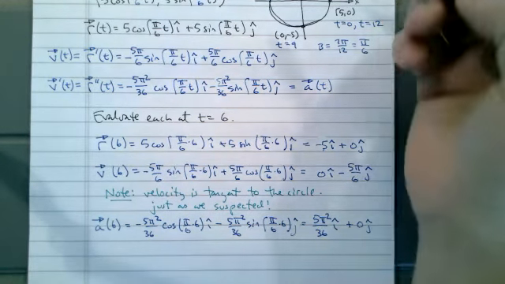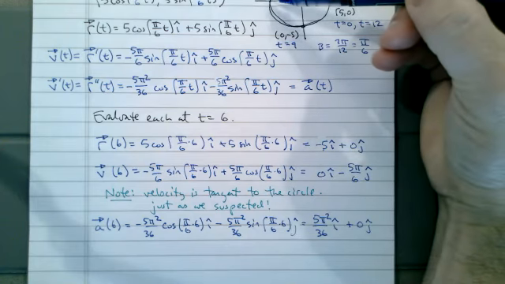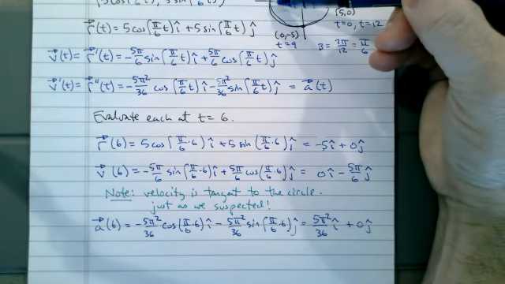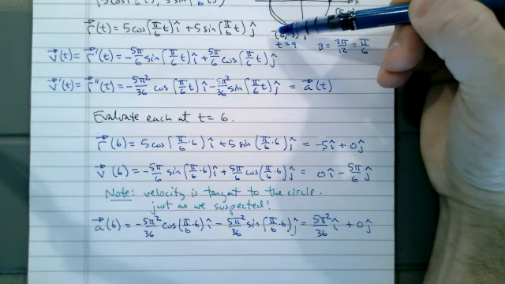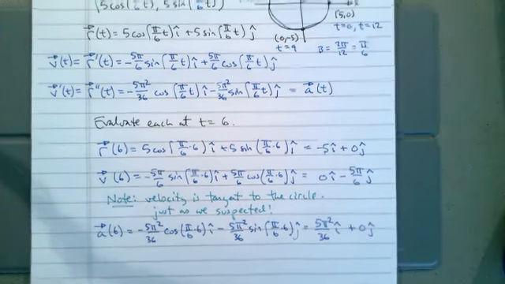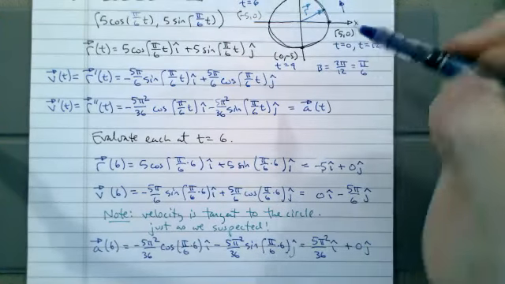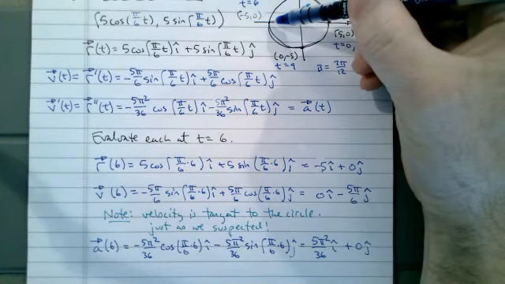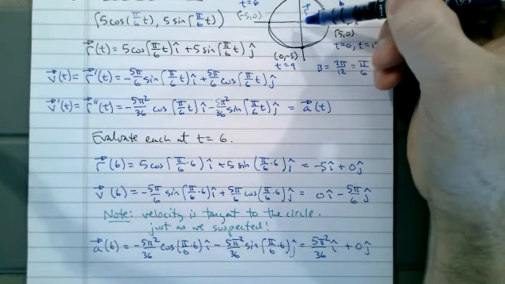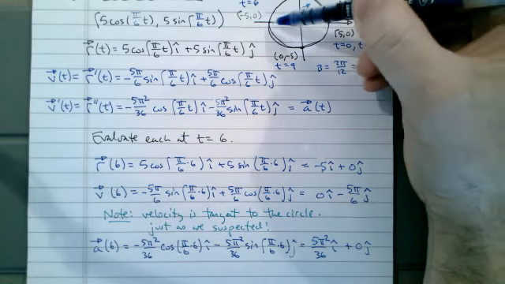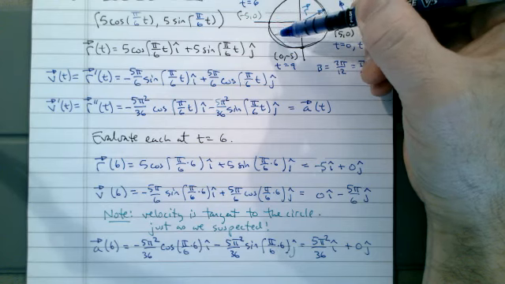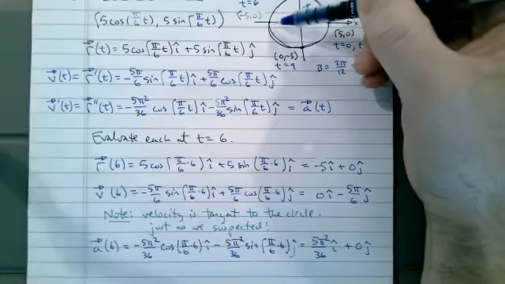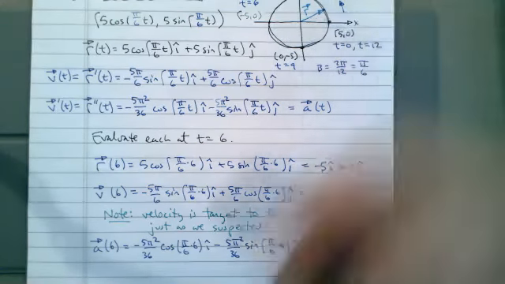So at t equals 6, our position is at -5, 0. Our velocity is 0 and -5 pi over 6, so it's pointing directly down. And our acceleration is pointing in the positive x direction. So our acceleration is pointing back towards the origin, and that makes sense. This change in velocity is what's pulling our velocity in this direction, and what causes our position to keep following around the circle.